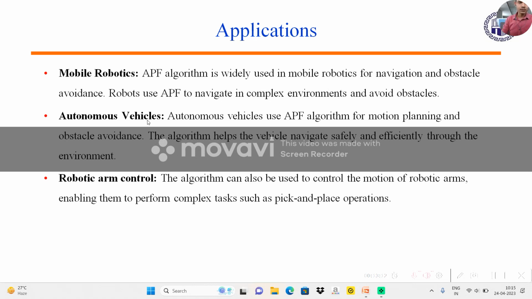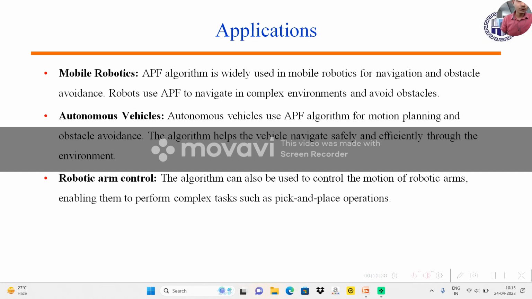Autonomous vehicles in recent days use the APF algorithm for motion planning and obstacle avoidance simultaneously. The algorithm helps the vehicle navigate safely and efficiently through the environment. So it avoids the pedestrians and the other cars also, and it continuously moves to the goal state.